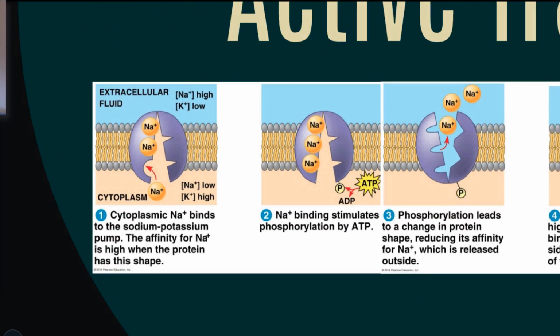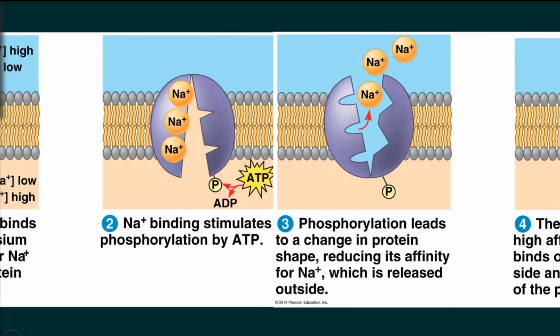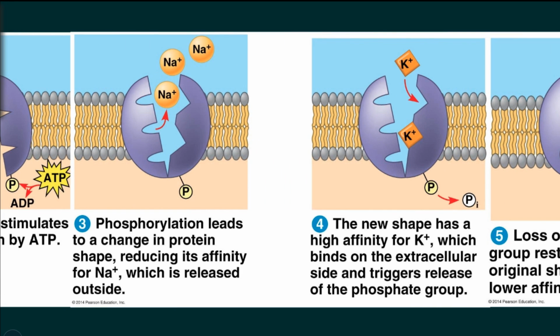So our best example of active transport that is used by all the cells, which is constantly running, is the sodium-potassium pump. Okay, this pump is, like I said, constantly working, and it pumps 3 sodium ions out of the cell with the use of ATP, and it will bring 2 potassium ions into the cell.